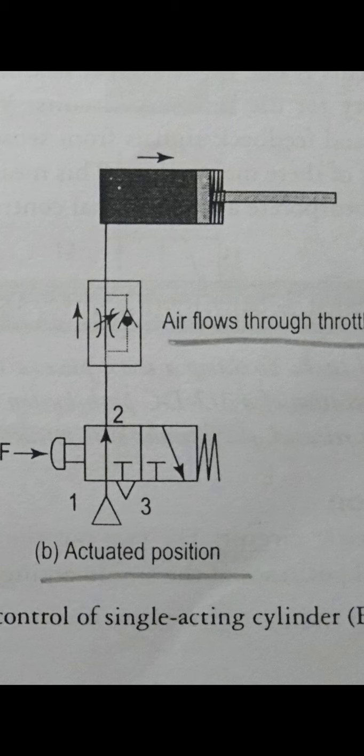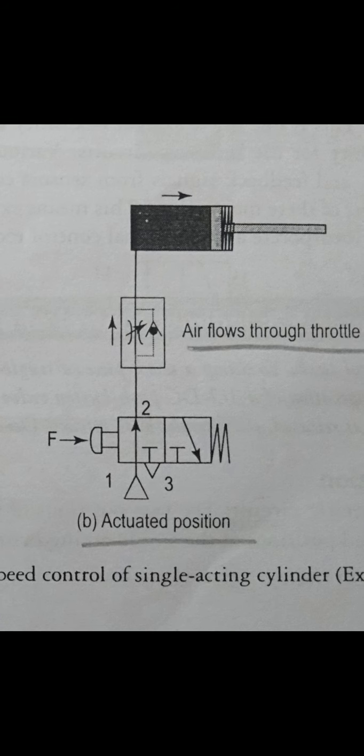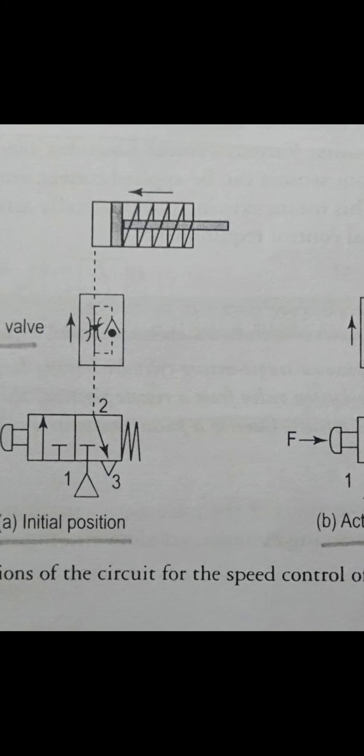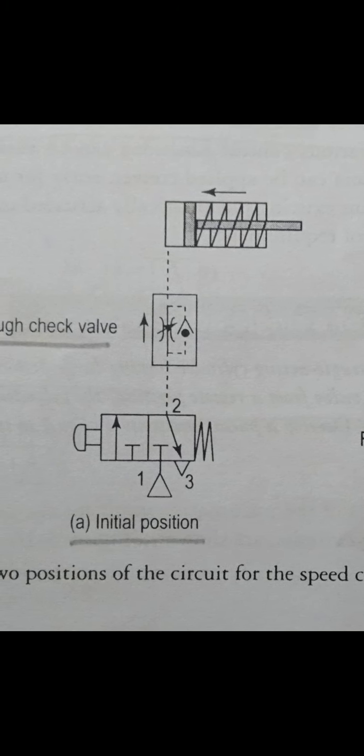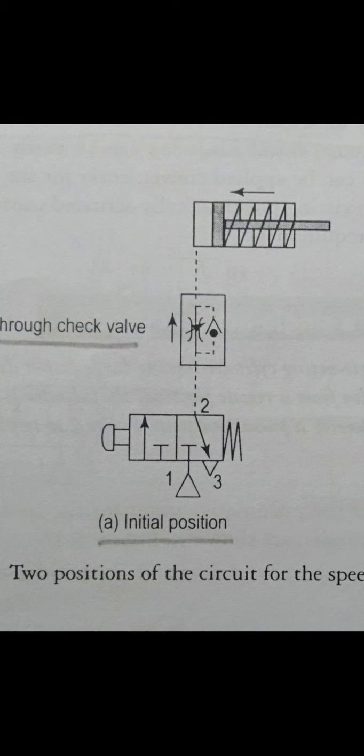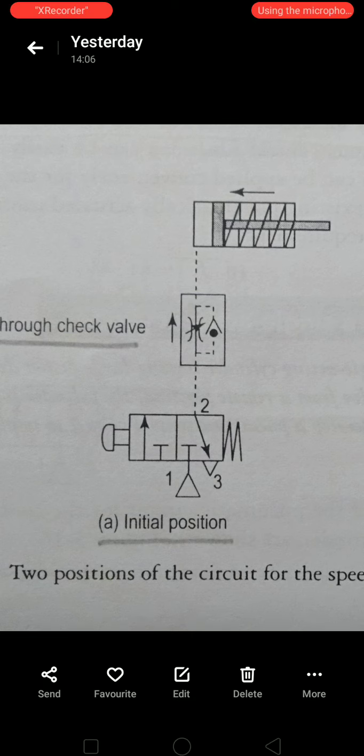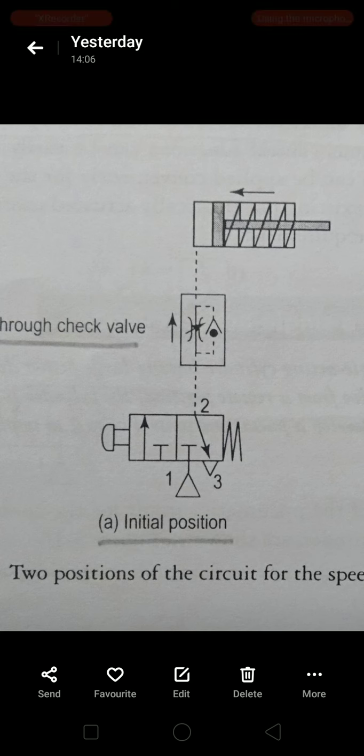So the piston moves with a specific speed towards the right, and when the push button is released, it comes to its original or initial position. You can see here, due to the spring return, the piston moves towards the left, and the dotted line shows the second path, the return path.